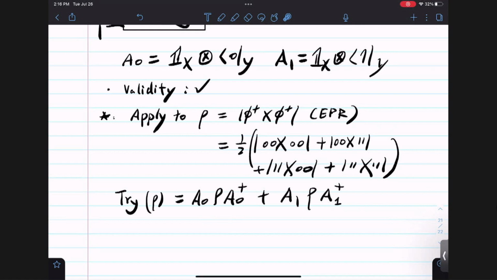Because otherwise, you have bra 0 from the left and bra 1 from the right. Since 0 and 1 are orthogonal, they will cancel. So what's left here will be just these two.